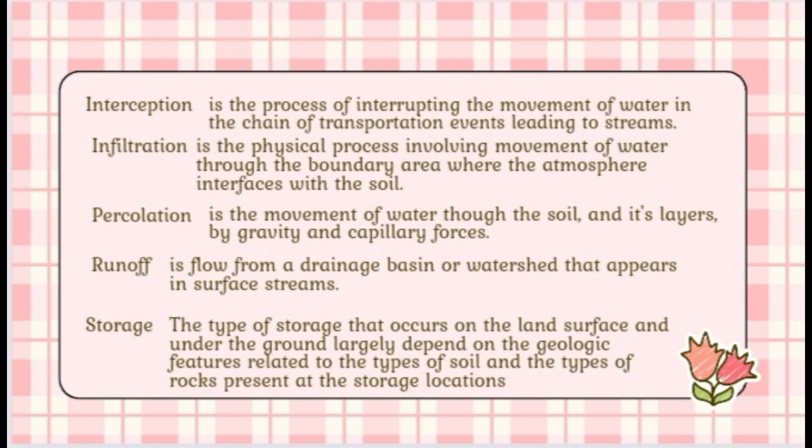Some formations conduct water back to the channel. Some formations conduct water back to the ground surface. A spring is a place where the water table reaches the ground surface.